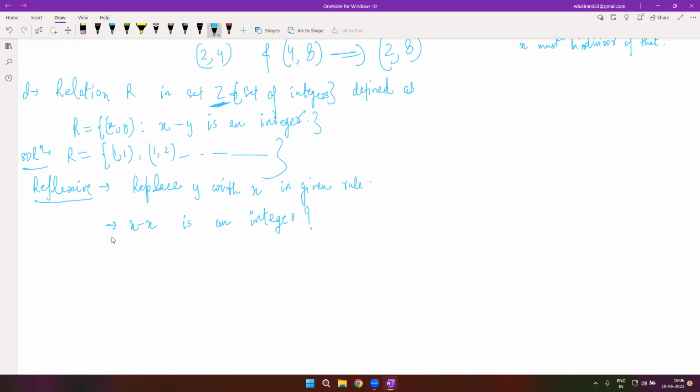This is grammatically wrong right now, but you do understand it, right? We are asking if x minus x is an integer or not. So is it true? X minus x, what will you get? 0, right? 0 is an integer.